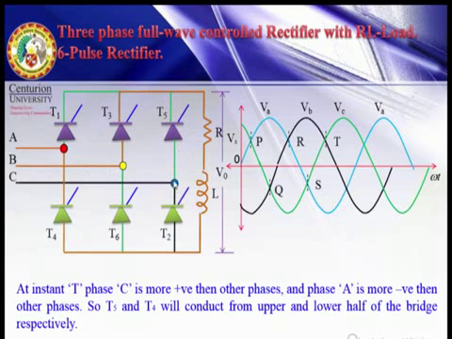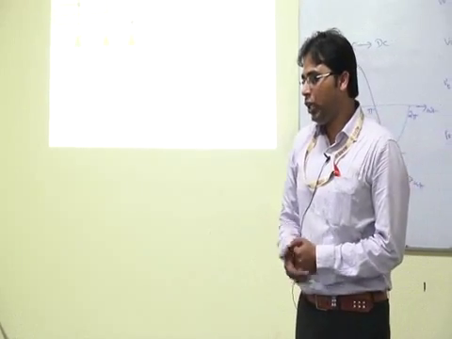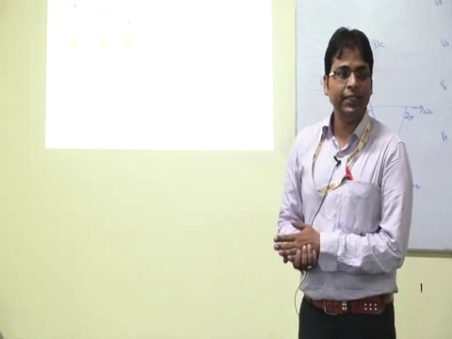And from lower half which is connected to A? T4. So T4 and T5 will conduct during this duration. Now the current will flow C, T5, R, L, T4 and back to A. So this is the direction how current flows during this period.